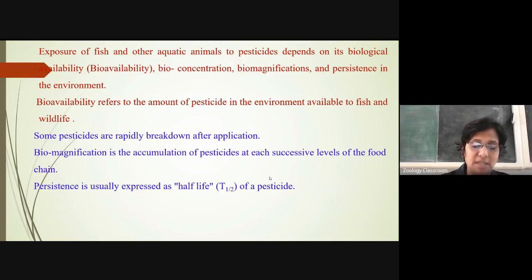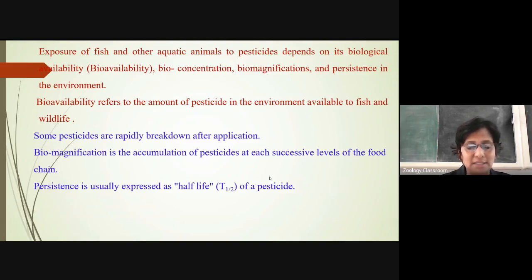Some pesticides build up in the food chain. For example, if a pesticide is present in a small amount in water, it can be absorbed by water plants, which are in turn eaten by insects that become contaminated.